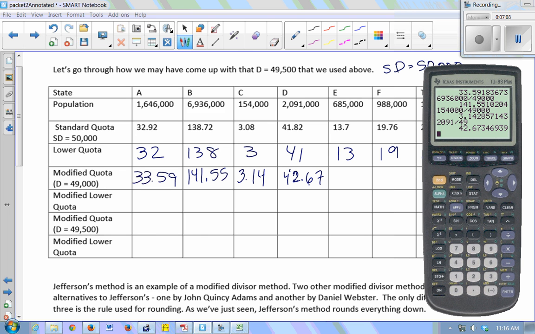You might notice I chopped off all the zeros. The answer will come out the same. I just canceled the zeros to save me a little typing time. So like instead of 685,000 divided by 49,000, I can just do 685 divided by 49. Same, and you get the same answer. So 13.98. And then 988 divided by 49, 20.16.